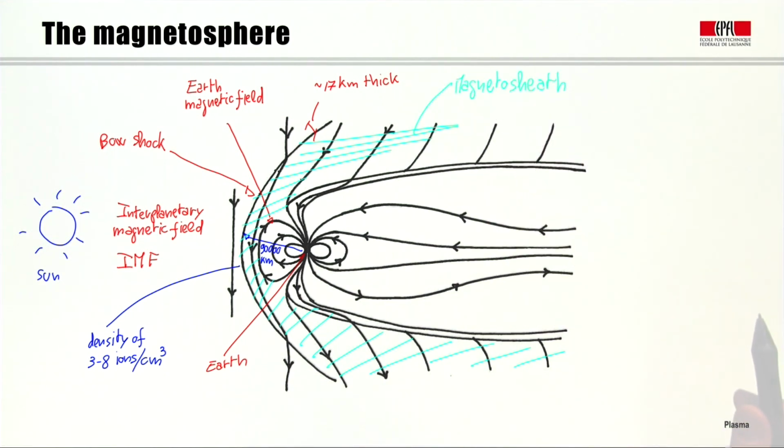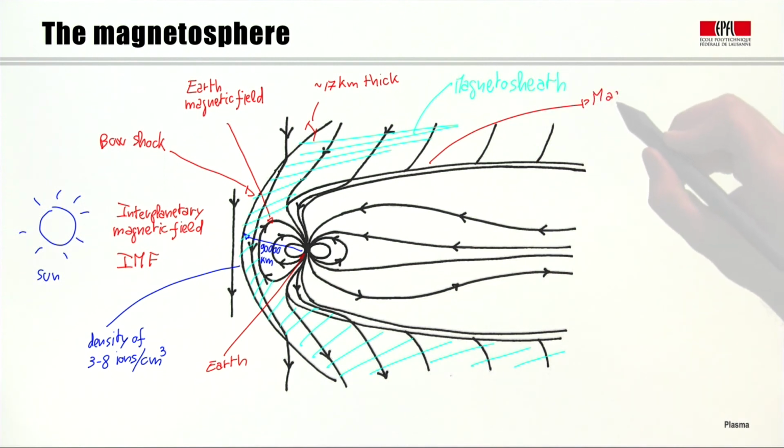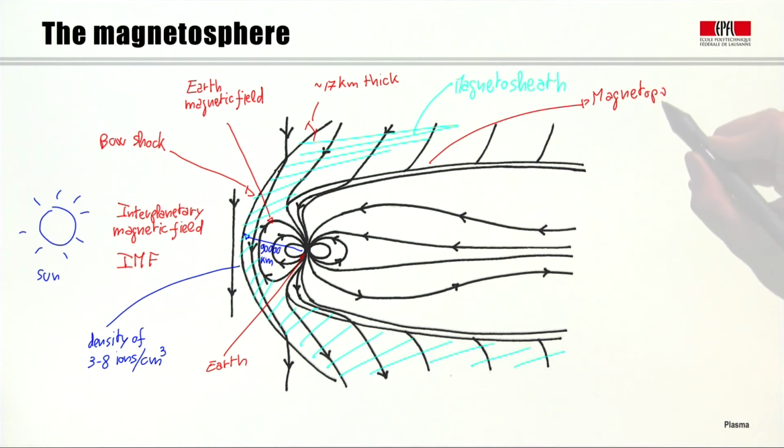The magnetosheath exerts a pressure on the Earth magnetic field. The region where the pressure of the magnetic field equals the pressure of the magnetosheath is called the magnetopause.